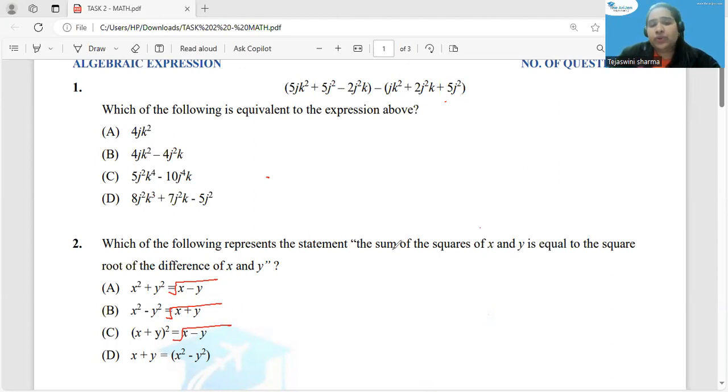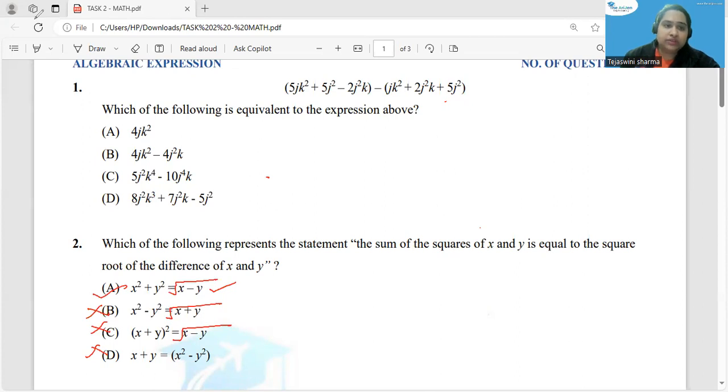Which of the following represents the sum of the square of x and y? So the square of x is here and the square of y is here, and only in this case the sum is there. So option A is correct, and it is equal to the square root of the difference of x and y. So in both cases option A is the appropriate one.